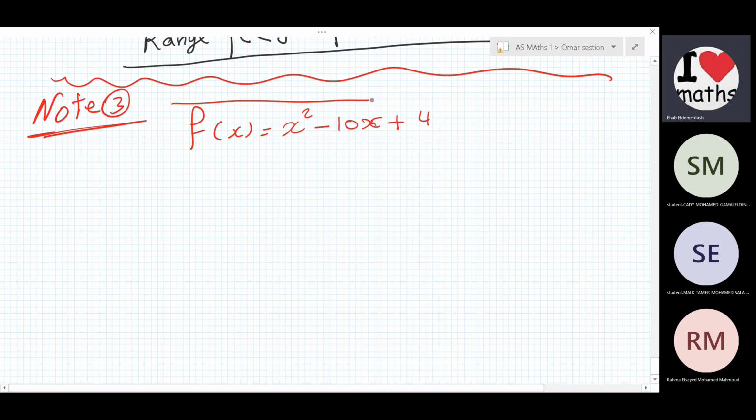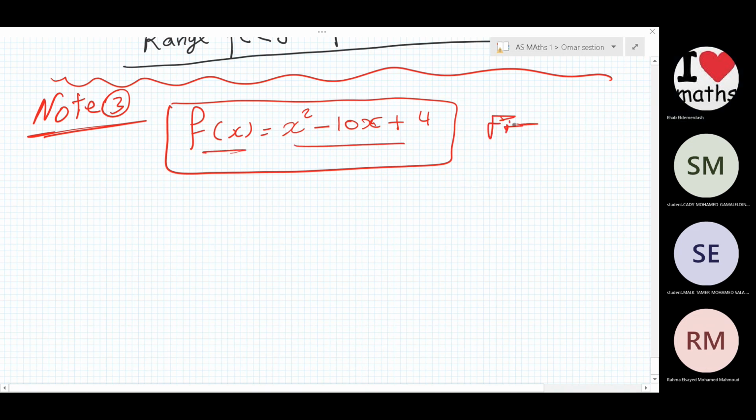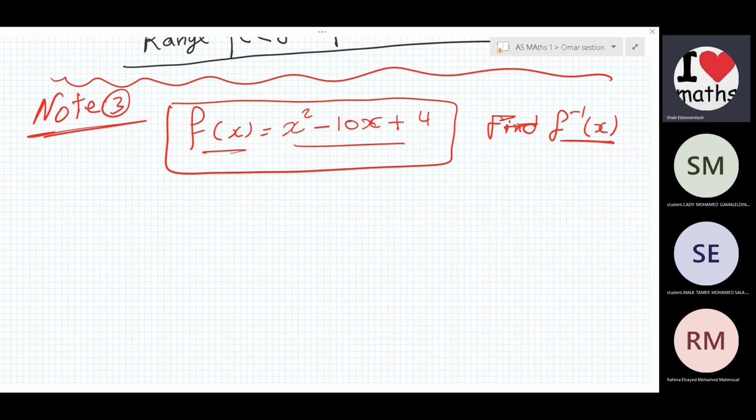If I said for this function يا عيال, I need you to find out the inverse of it. To find the inverse of this type of function, you will not be able to find the inverse unless if you did completing the square. ازاي هعمل completing the square? I'll tell you. If I ask you find the inverse of the x, يعني أنا عايز أطلع الانفرس بتاعت ال x.